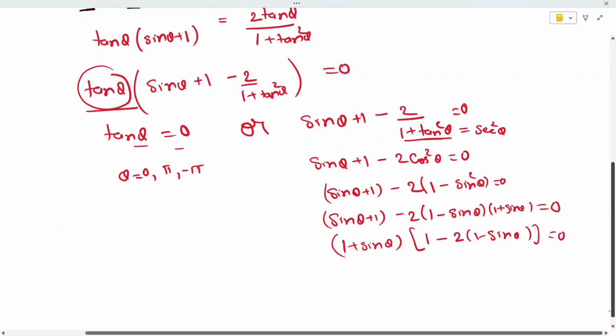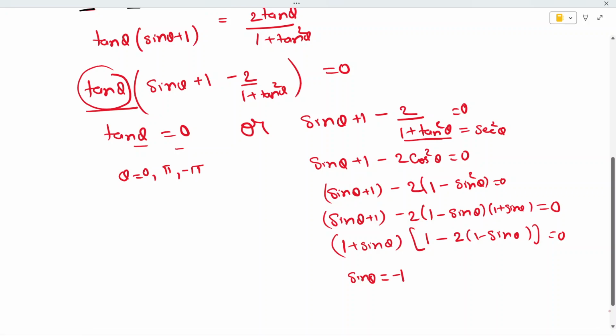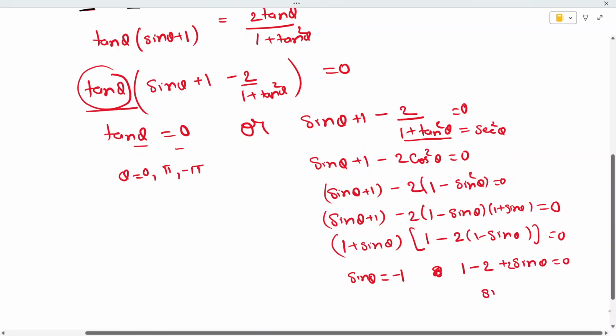So sin theta is going to be minus 1, or from the other factor, 1 minus 2 plus 2 sin theta is equal to 0, that is sin theta is equal to 1 by 2.